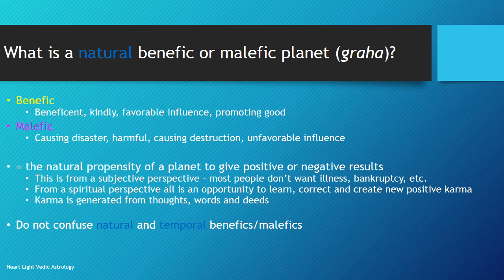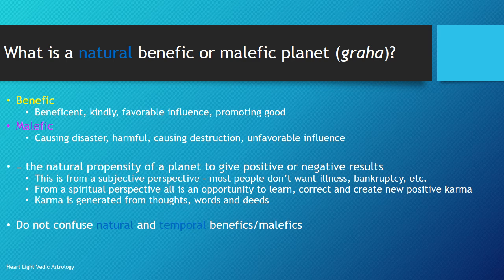Since it's natural, this is the natural propensity of a planet to give positive or negative results. Some planets tend to give more favorable, kind, good results, and other planets tend to give less favorable, potentially even destructive or harmful results.